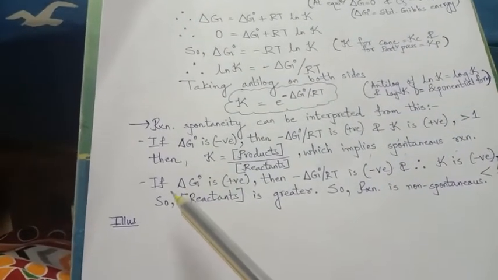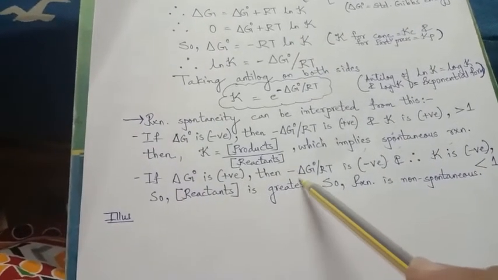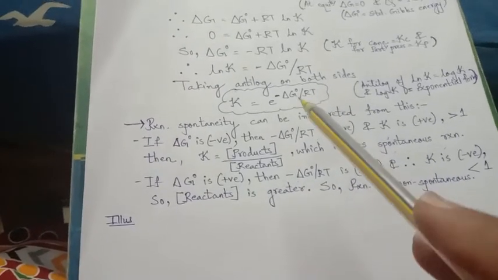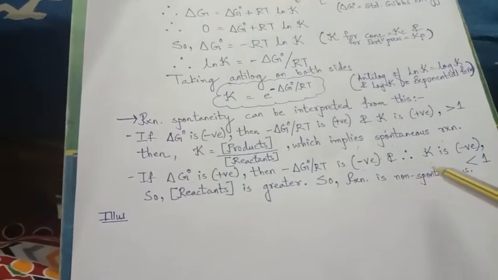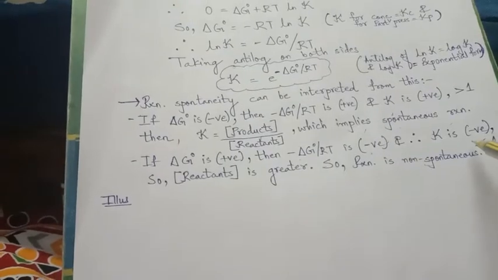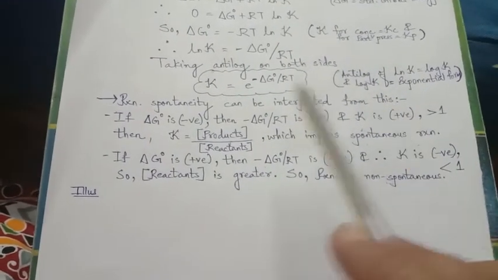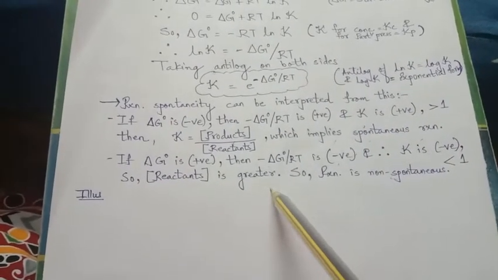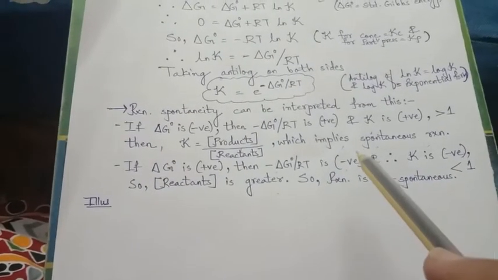And if delta G degree is positive, then minus delta G degree by RT is negative, and therefore K will be less than 1. Positive means greater than 1, so reactant is greater and the reaction is non-spontaneous. So this you have to keep in mind.